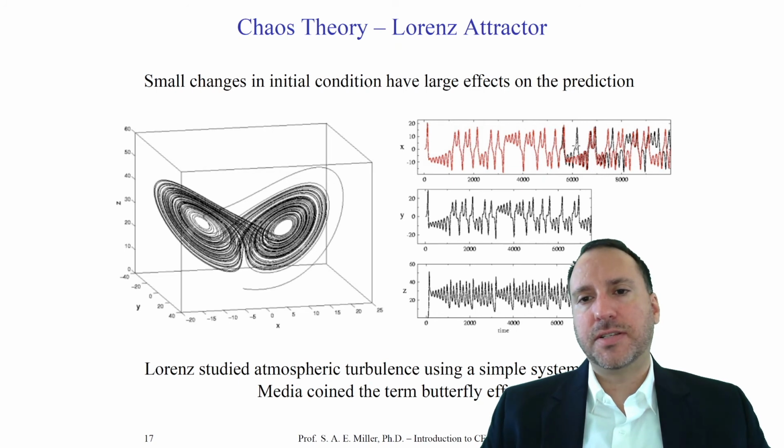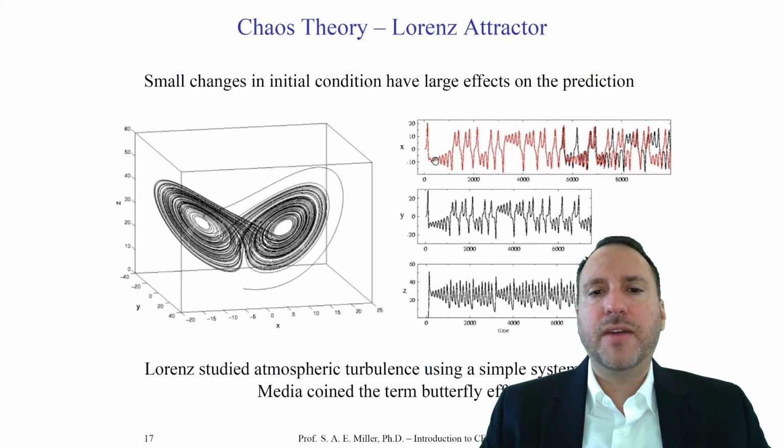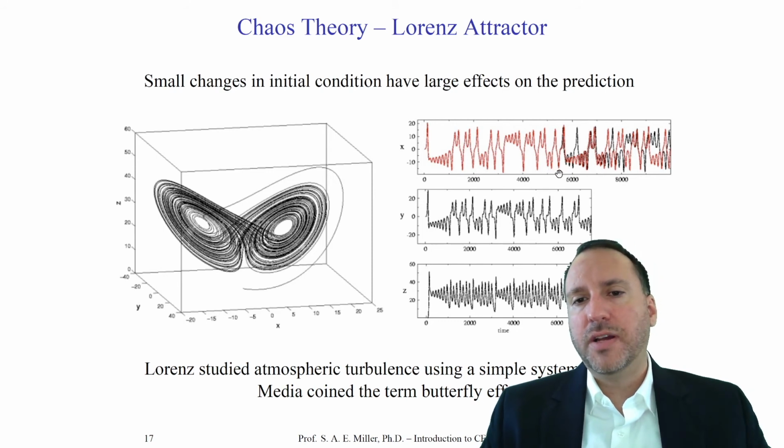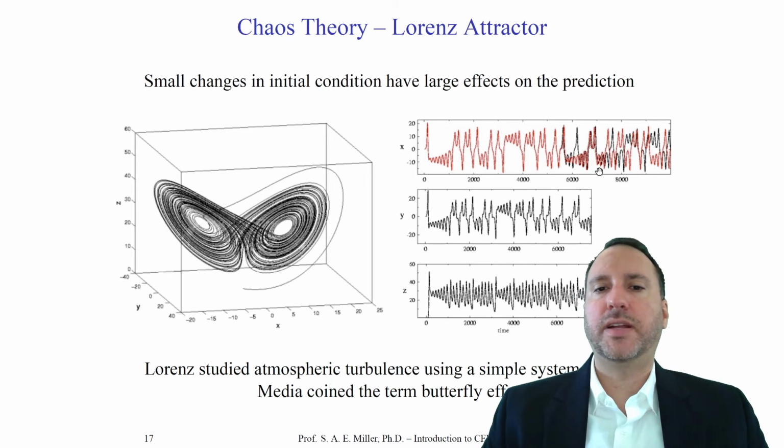The black solution is the original solution for initial condition x equals 0, and the red solution is the initial condition for x equals 0 plus epsilon. You can see that we have arrived at pretty much exactly the same solution up to about 5,500 seconds, where my cursor is. Then a little bit time later, the two solutions completely diverge.